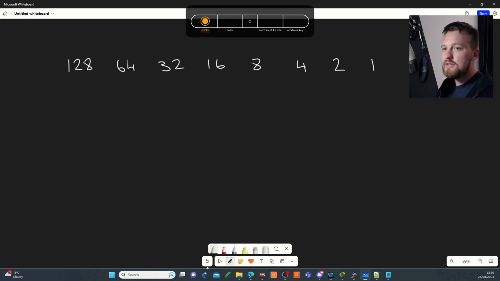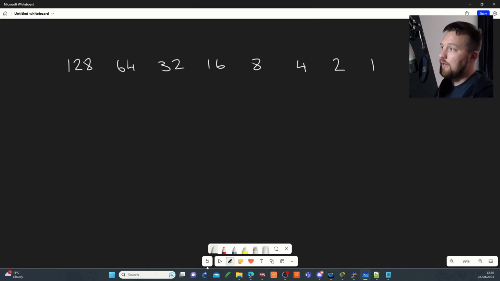What we're going to do this time is add a new line underneath this 128 table, and it's also going to start with the number 128. But this time, instead of dividing by 2, what we're going to do is add the value directly across from this number. So 128 plus 64 is 192. 192 plus 32 is 224.